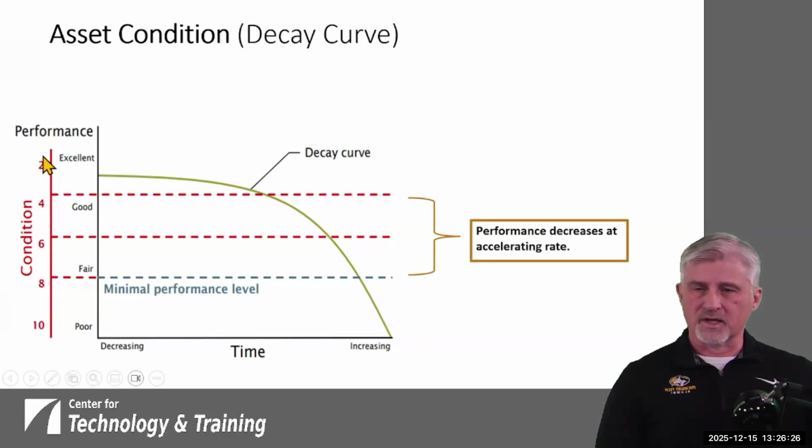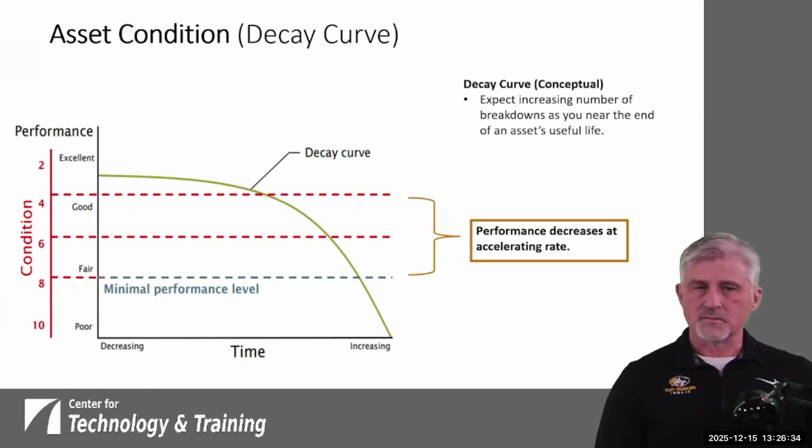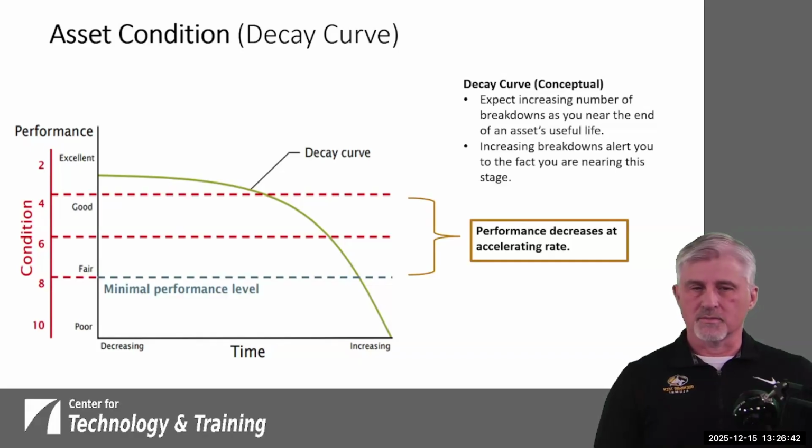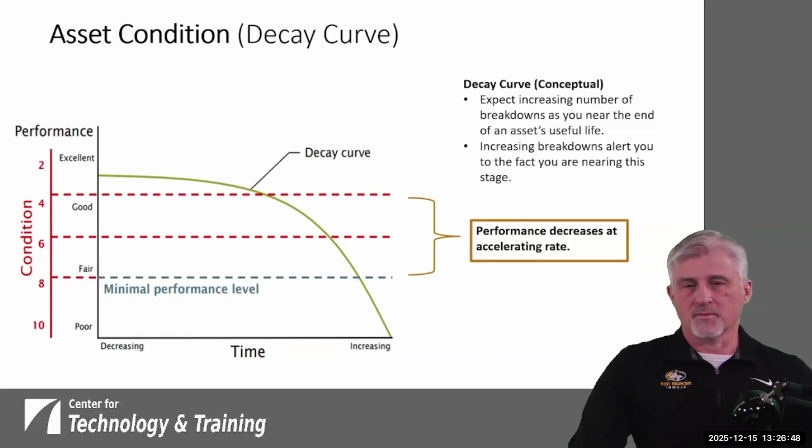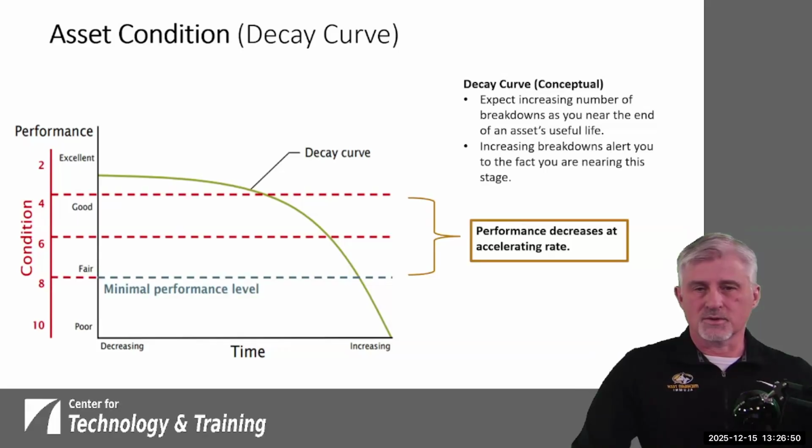We've got different levels: excellent, good, fair, and poor performance levels. You'd expect that you're going to see more breakdowns as time goes on and that curve drops. Having those breakdowns should alert you that you're going to need to do something about it.